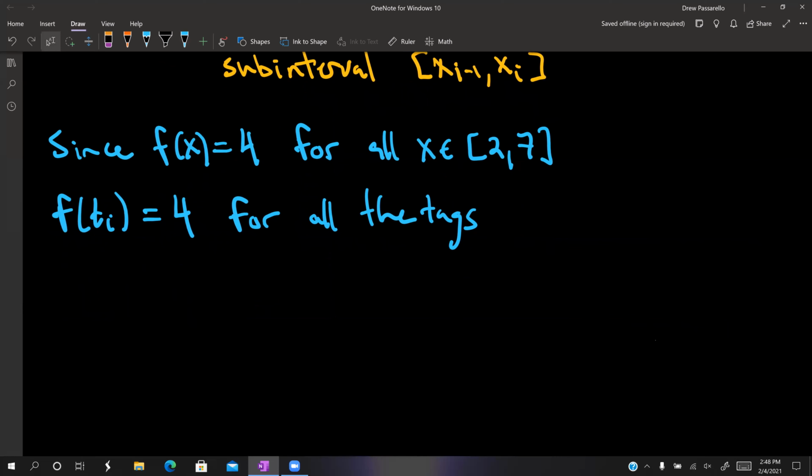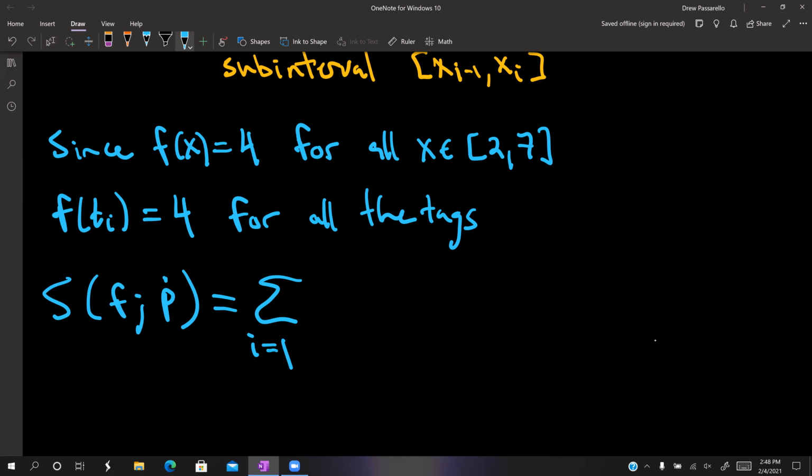So when we find the Riemann sum, S with f and P, that notation, the sum equals the sum from i equals 1 to n of f of t i times x i minus x i minus 1.